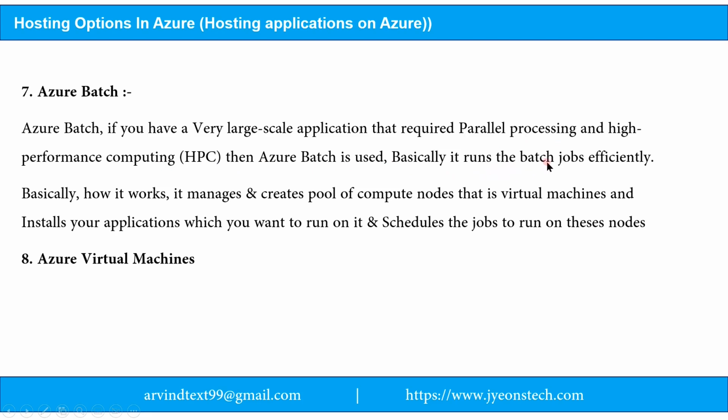Basically, it runs batch jobs efficiently. How it works is that it manages and creates a pool of compute nodes, that is virtual machines, installs your applications which you want to run on them, and schedules the jobs to run on these nodes.